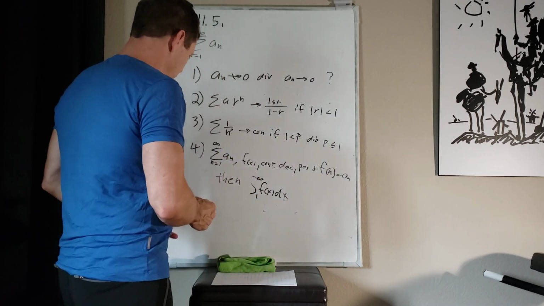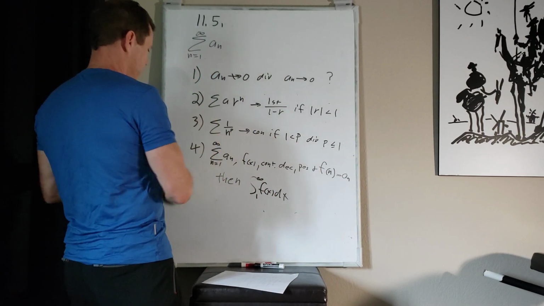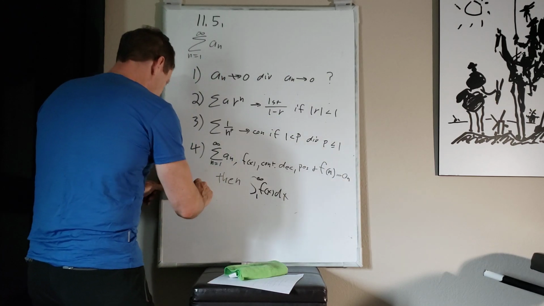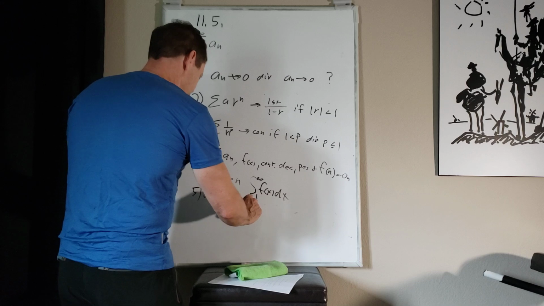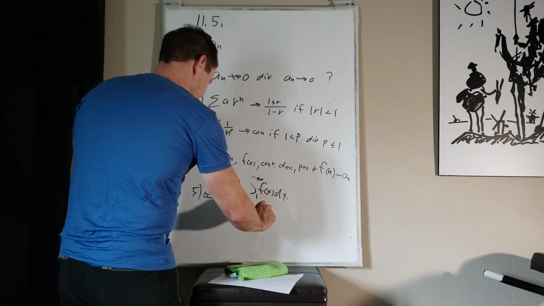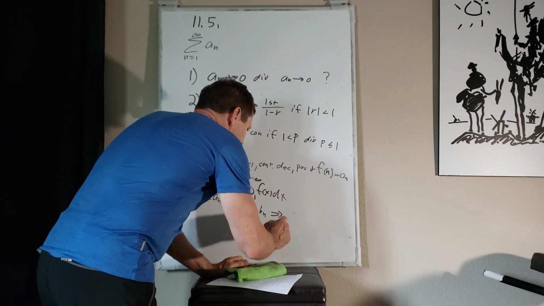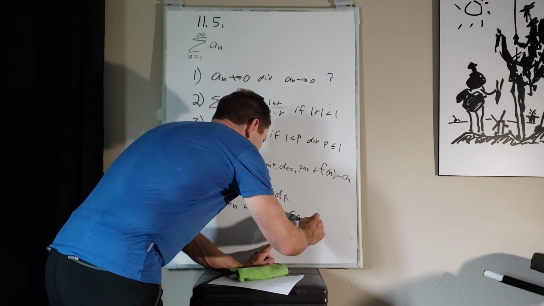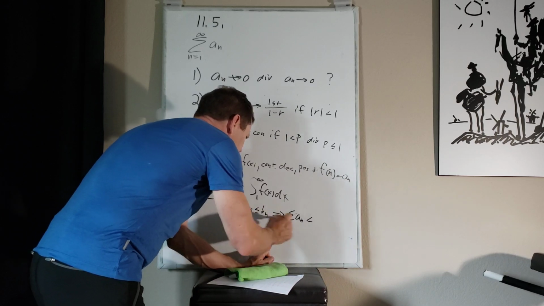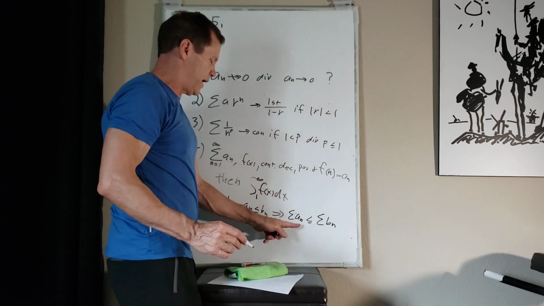And then we got a couple more. The fifth one: if you've got two sequences that are positive, and you know that an is less than bn for all n's, then the sum of an is less than or equal to the sum of bn.